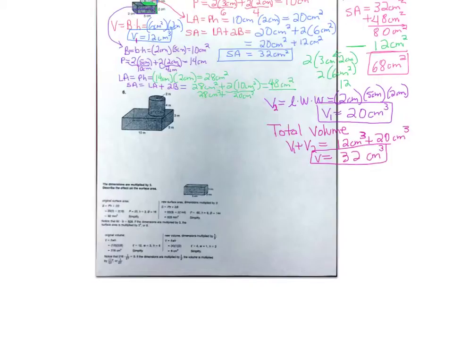Please get the total surface area of this figure, and the total volume of this composite figure, okay? So work on this, please. And in about 3 to 5 minutes, I'm going to show you the answers. So, Ms. Valdez, in about 3 to 5 minutes, you can go ahead and continue the video, okay? Thank you.